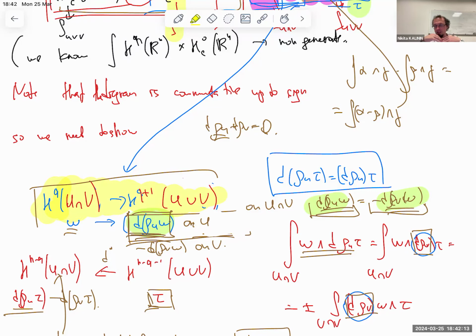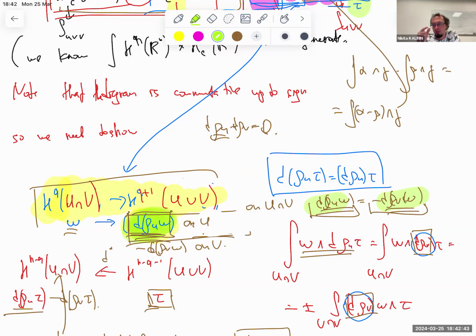Okay, so on the intersections I agree, but if you want to consider what the form was on U, for example, you consider this one. And if you want to consider it on V, then you multiply by 1 minus rho V. But since you want to check this kind of integration condition only on small compact sets, it's fine.